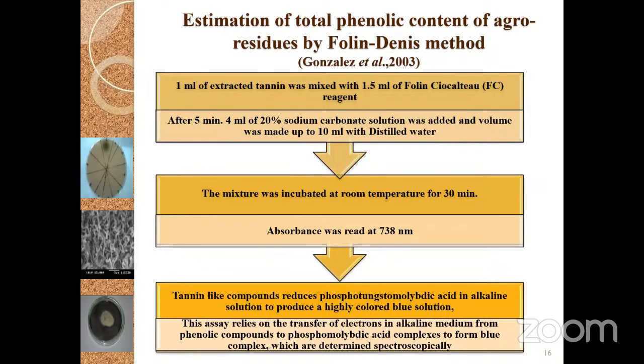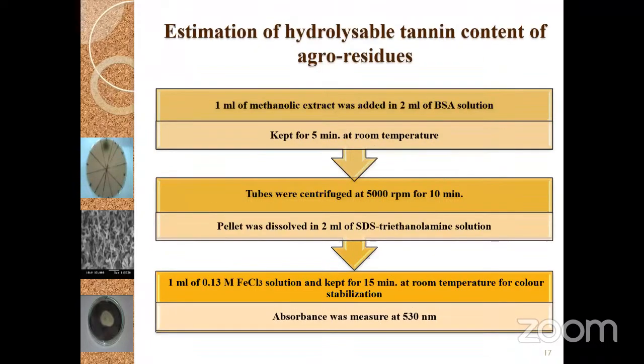This blue complex we have determined spectroscopically, by measuring the absorbance at 738 nanometers. Again, after the total phenolic content, we carried out the estimation of the hydrolyzable tannin content in those agro residues, and for this purpose we used Mondal's assay.